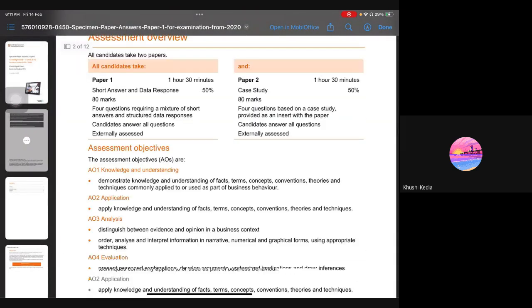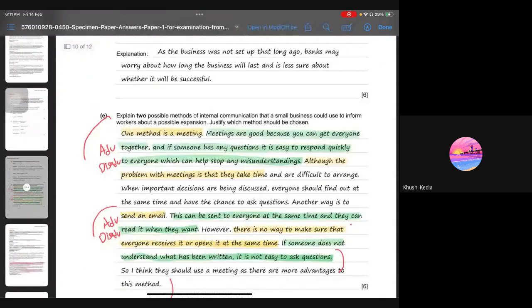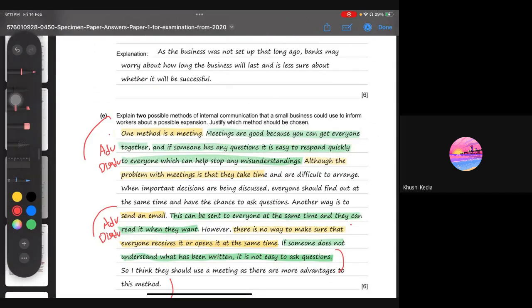Here the knowledge is in this particular question, this yellow line. One method is meetings. This is your knowledge. Now, what will be your analysis? Meetings are good because you can get everyone together, and if someone has a question, it is easy to respond quickly. So you give an advantage and give a chain.